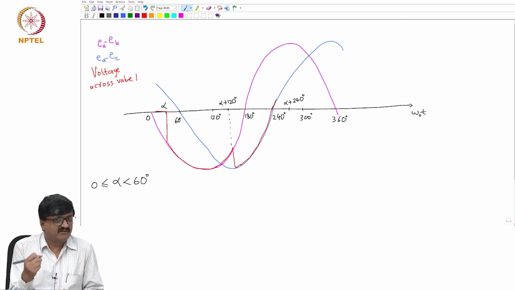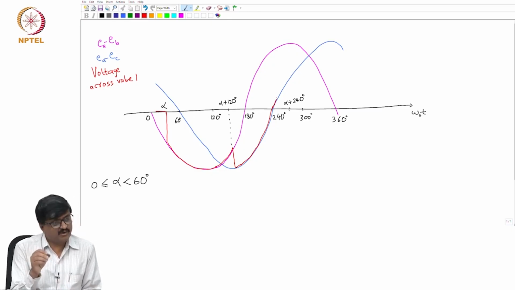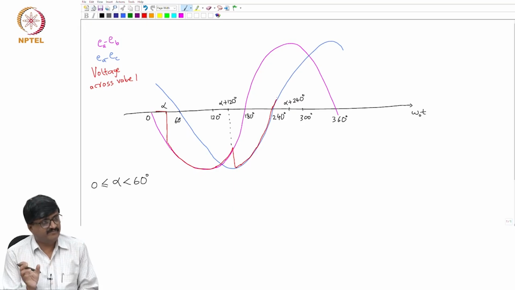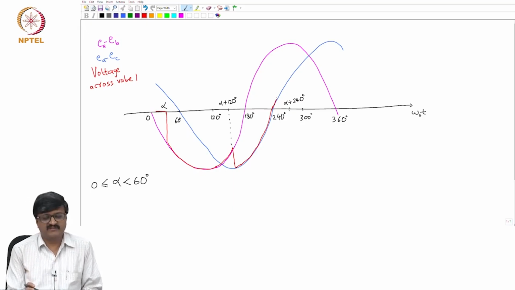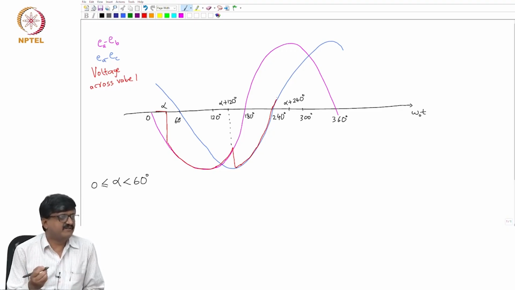It is non-zero if it is not conducting, and as soon as it stops conducting, the voltage should be negative for a minimum duration. That minimum duration required is denoted by psi naught. A typical value of psi naught is 15 degrees for 50 hertz.